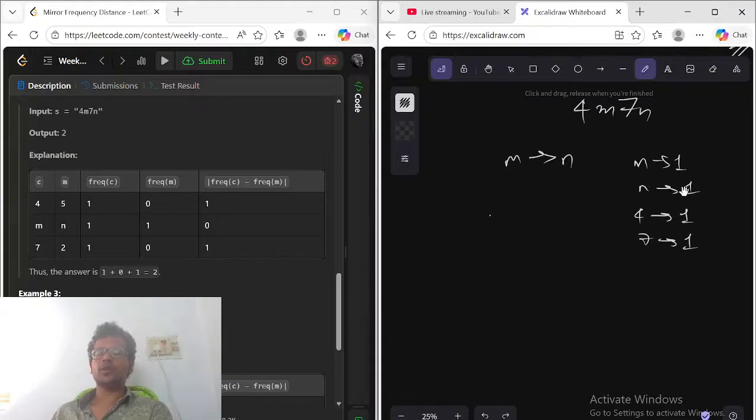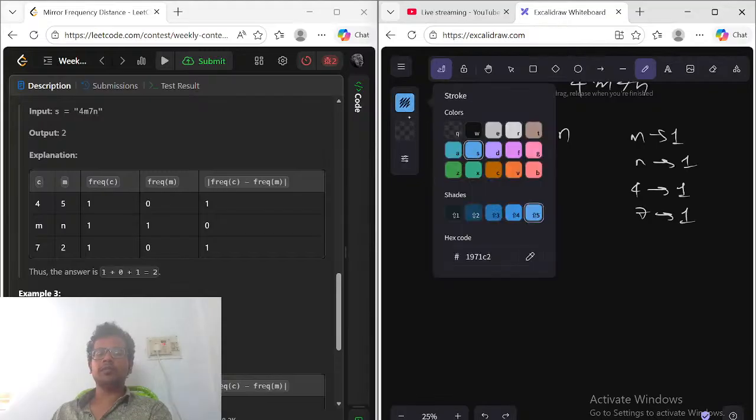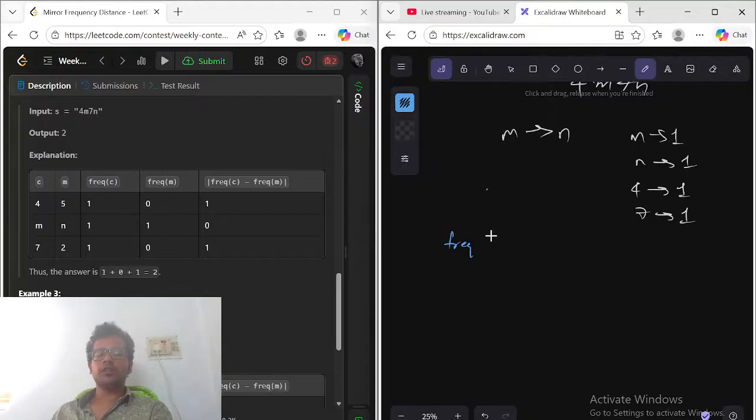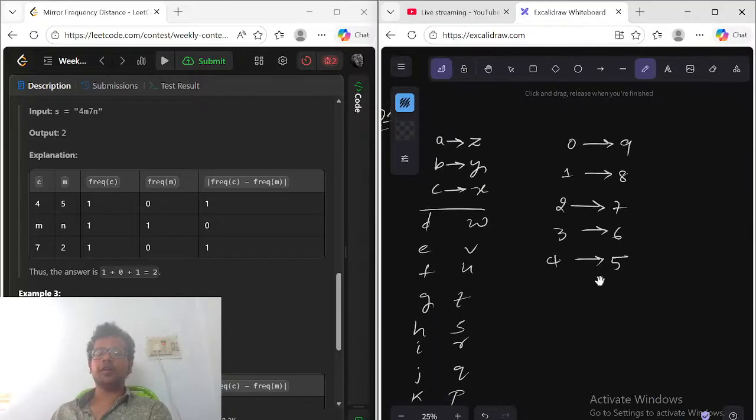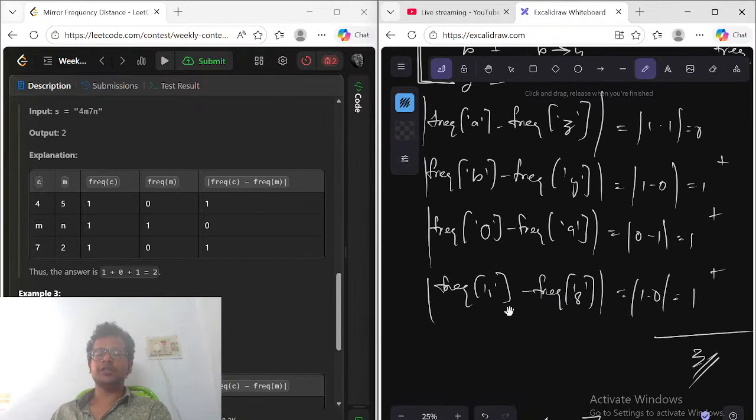Now, frequency of M minus frequency of N, the absolute difference, 1 minus 1 will be 0. For 4, the mirror is 5. For 7, it is 2.